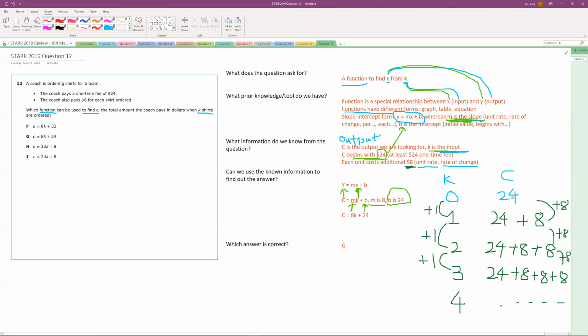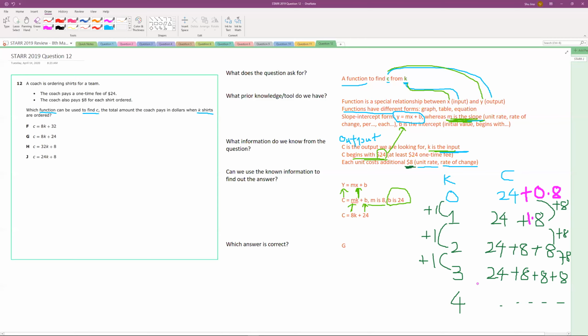You can also get this result from here. So when K is 0, C equals 24 plus 0 times 8, right? When K is 1, it's 24 plus 1 times 8. When K is 2, C is 24 plus 2 times 8.